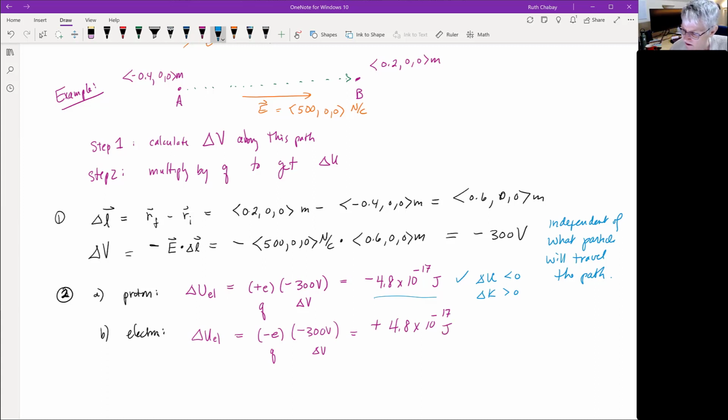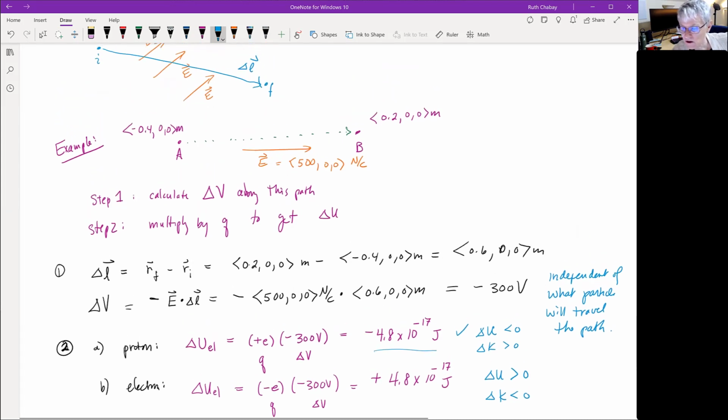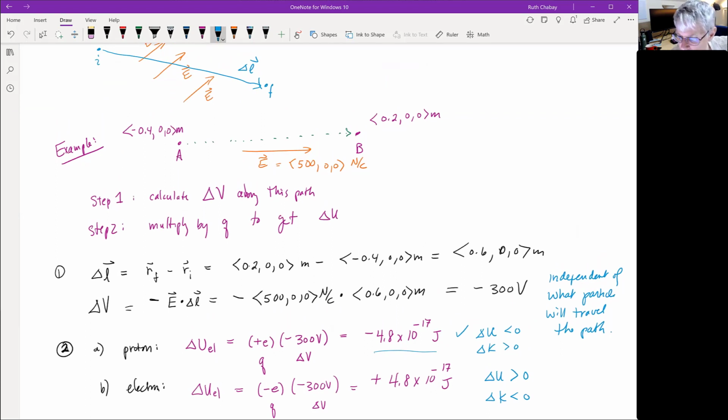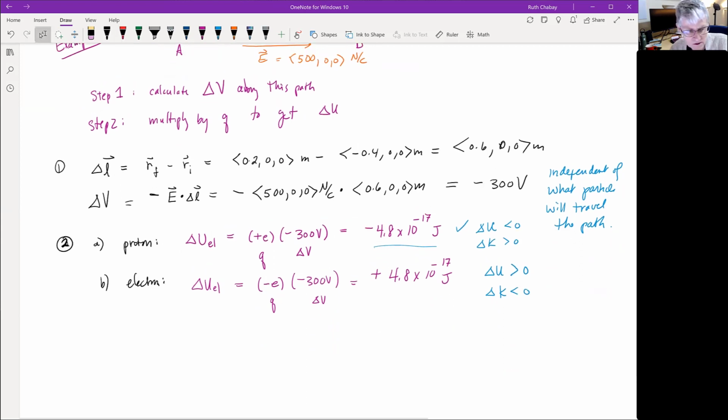Does that make sense? It does, because if the increase in electric potential energy of the system is greater than 0, it says the kinetic energy will decrease, delta K is less than 0. If an electron is up here, the force on the electron will be that way, so in fact it will be slowing down, so that all makes total sense.